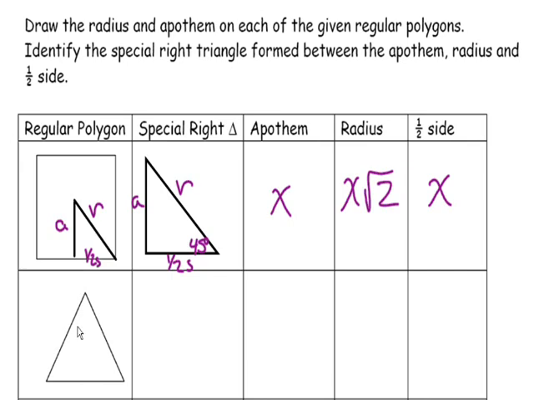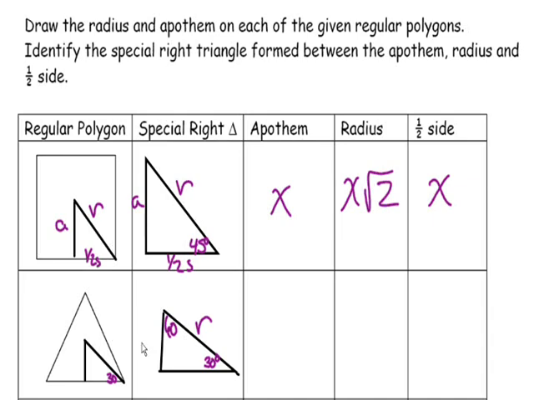In an equilateral triangle, which is the next regular polygon that has a special right triangle inside it, when I draw my apothem and my radius, remember that my radius bisects this angle. Well, if this is an equilateral triangle, this is a 60-degree angle, which means that this part right here is 30 degrees. So when I draw my triangle that forms, this is a 30-degree angle, this is a 60-degree angle.